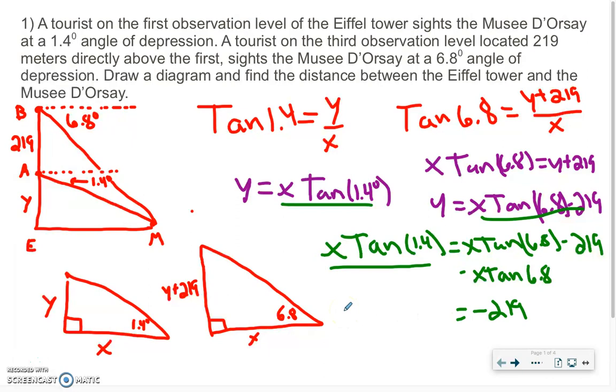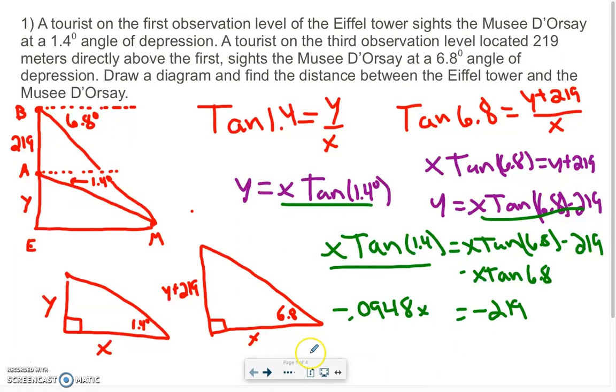And here when you take tangent of 1.4 minus tangent of 6.8 degrees, you get negative 0.0948x. So that way when I divide by that, I get X is going to equal negative 219 divided by that value we just got, and we get 2,310 meters away.